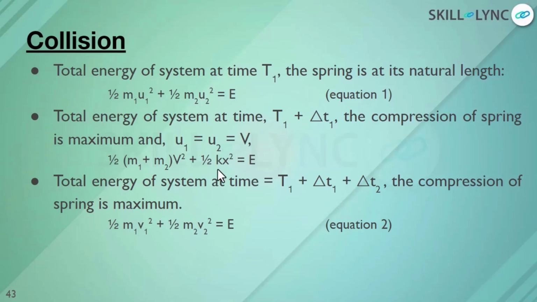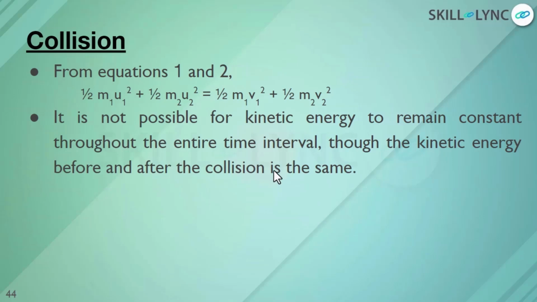But we have observed that there was no effect on the initial and final state of the system. Thereby, it is written that it is not possible for kinetic energy to remain constant throughout the entire time interval. It means kinetic energy may not be constant throughout the time interval, although the kinetic energy before the collision and after the collision would definitely be the same.